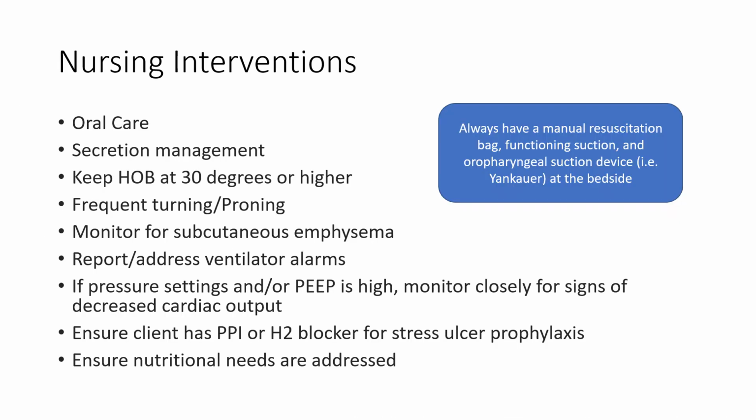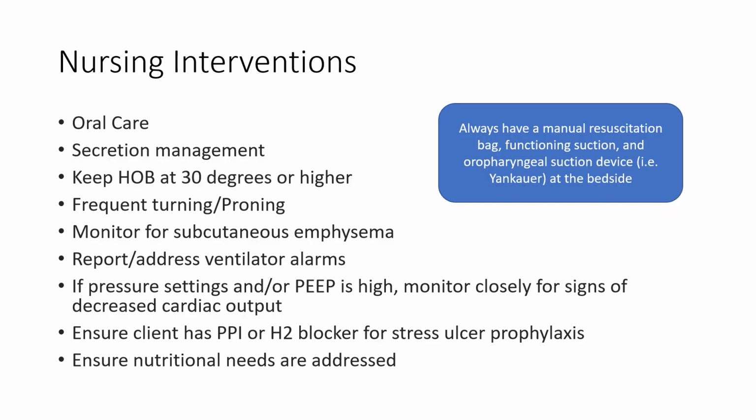Nursing interventions include oral care, which is generally done every 4 hours. And every 12 hours, we're going to use a toothbrush device and a subglottic suctioning tool. Secretion management. Generally, we don't routinely suction the endotracheal tube because that can lead to airway trauma, but as needed.